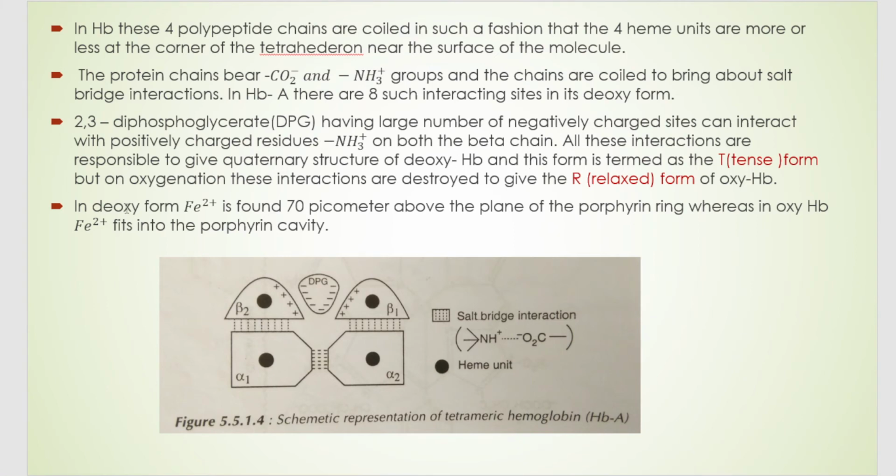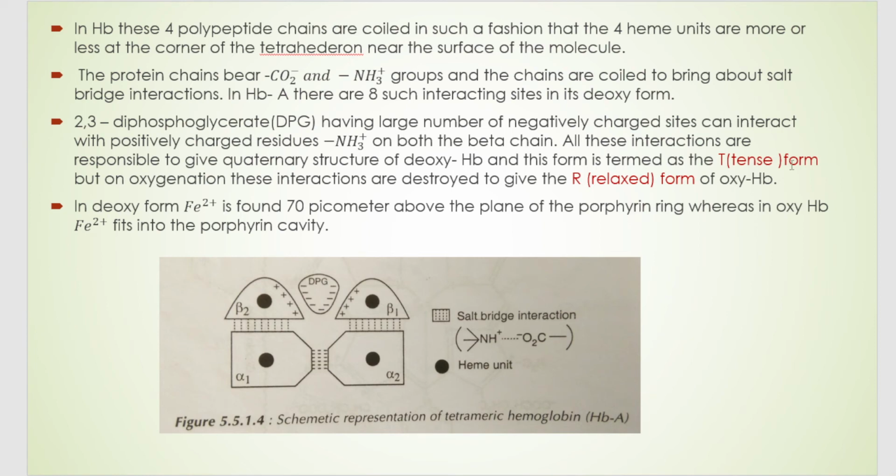Whereas in the oxygenated form, what happens? All these interactions are destroyed. There is no salt bridge interaction seen in the oxygenated form, whereas in the deoxygenated form, these interactions exist. So oxyhemoglobin is said to be in the relaxed form or R form, whereas the deoxy form is said to be in the tensed form or T form.